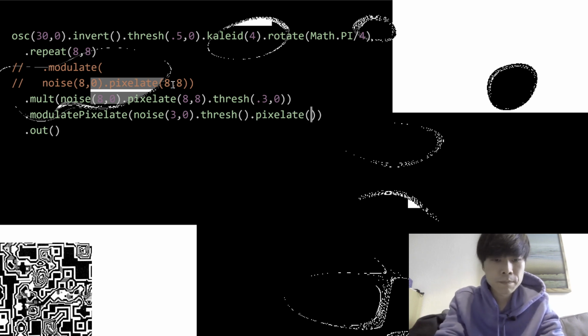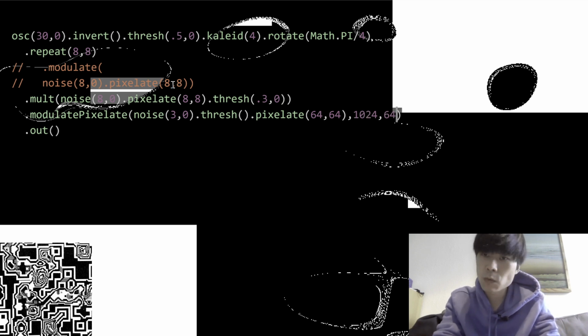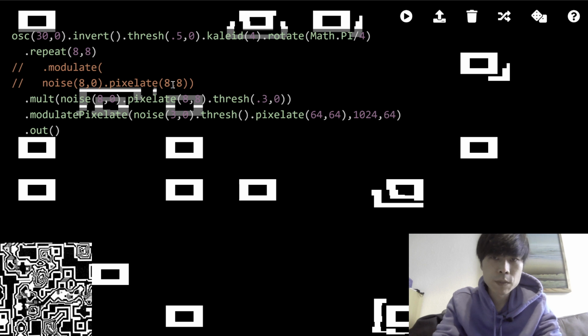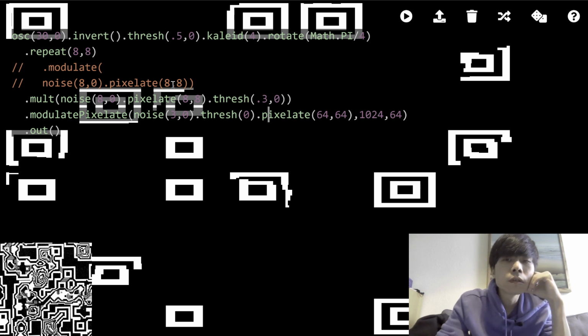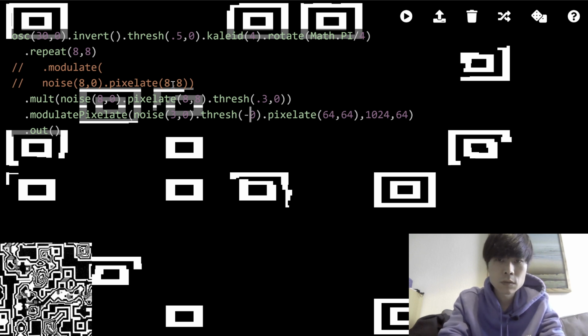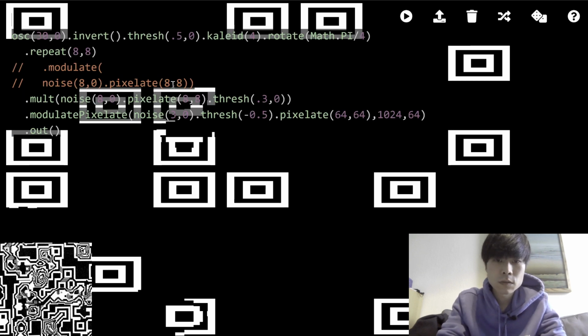Pixelate, in this case, maybe 64, 64. It's not much. Okay, maybe I should add more stuff, or yeah, it's kind of interesting.